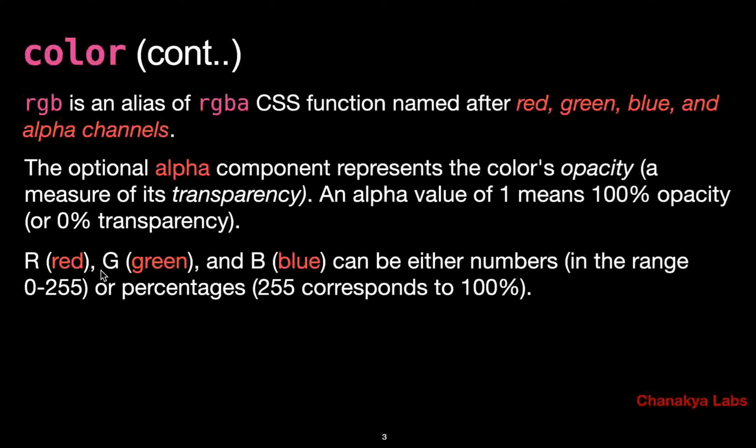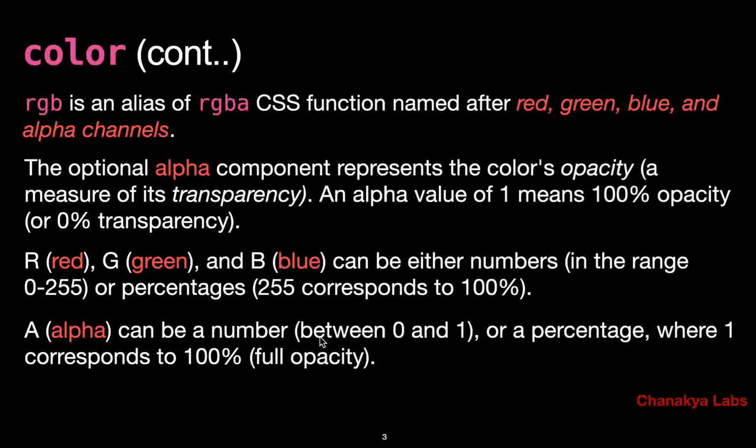Okay, this we already saw: red, green, blue can be numbers in the range 0 to 255, or percentages. Now don't use percentages, because some browsers don't support them, so it's better to simply use the 0 to 255 range. However, for the alpha channel, you can use a value between 0 and 1, and you can use a percentage also, and this will work fine in all the browsers.